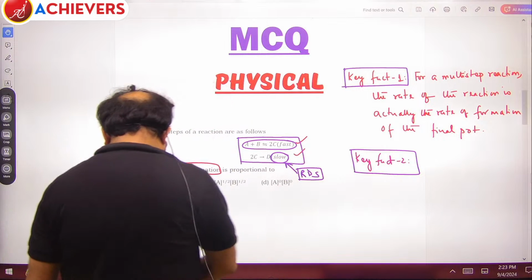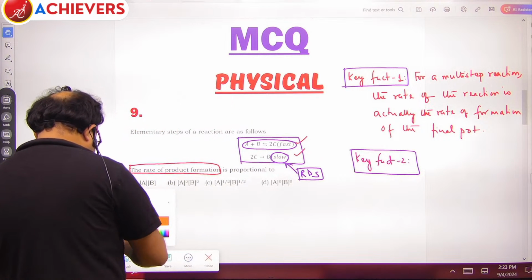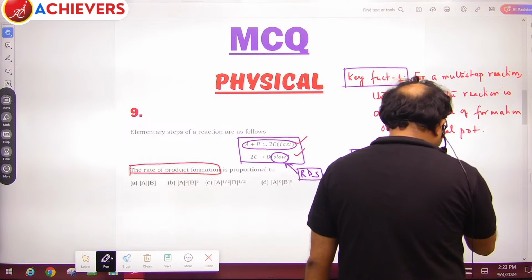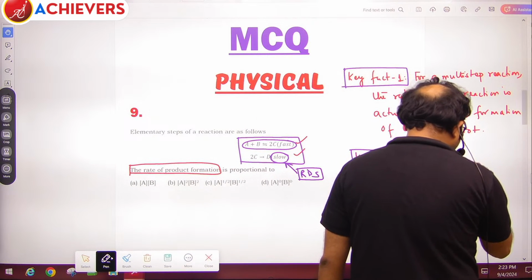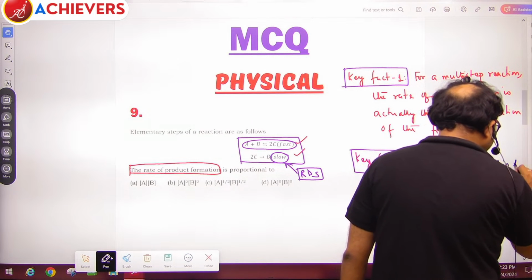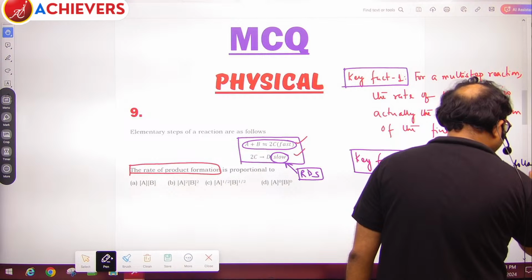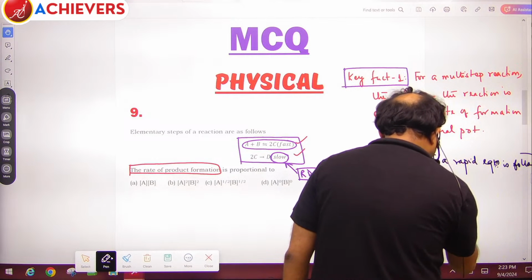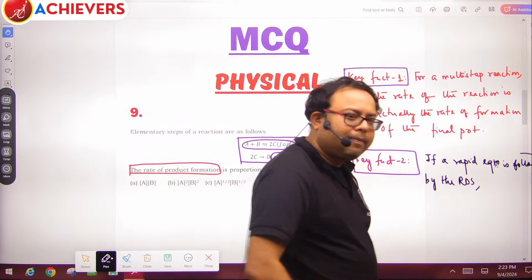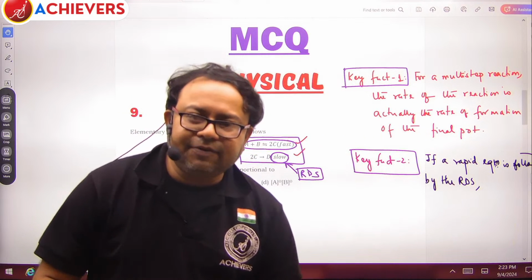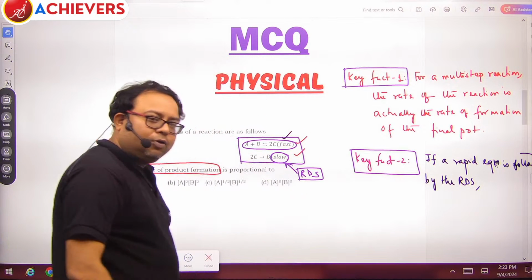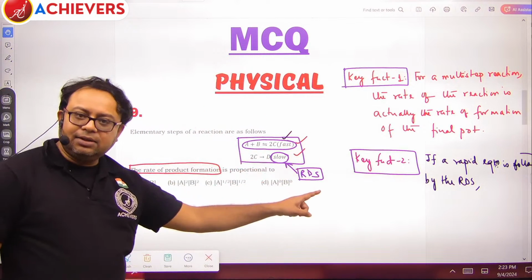Now key fact 2 is, see, if a rapid equilibrium is followed by the RDS, this is the condition satisfied over here. A rapid equilibrium is there, and it is followed by the RDS.